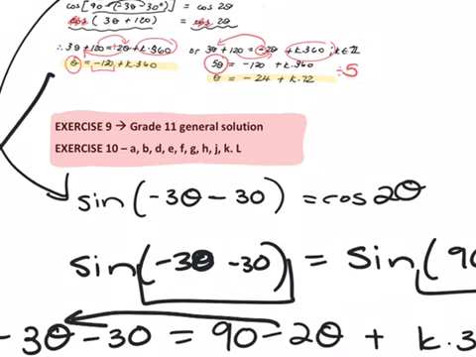Exercise 9 is grade 11 based, so there's actually not much that's changed. You should be able to do that. But exercise 10 is now using the double angles and the compound angles within general solution. Again, once you get down to sine of an angle equals a number, or cos of an angle equals a number, or tan of an angle equals a number, it's always the same. Either theta equals the angle plus k360, or 180 minus the angle plus k360.